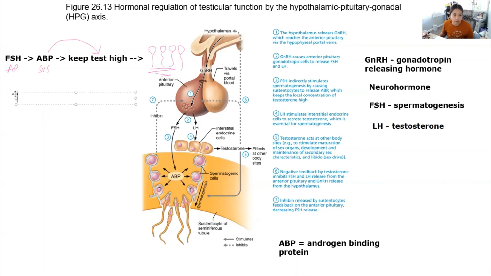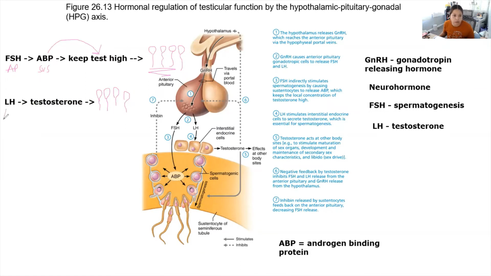So another little flow chart for this would just be that LH, which is also secreted by the anterior pituitary, is going to really lead to the production or secretion of testosterone by interstitial cells, which is then going to lead to, again, more sperm production or spermatogenesis.